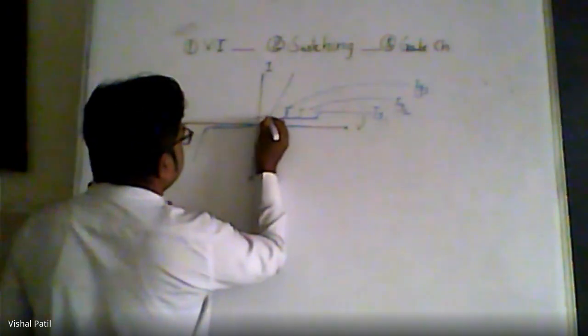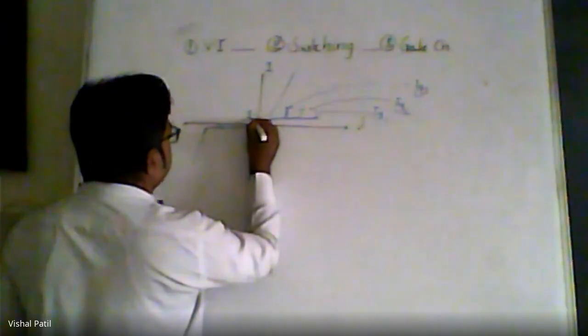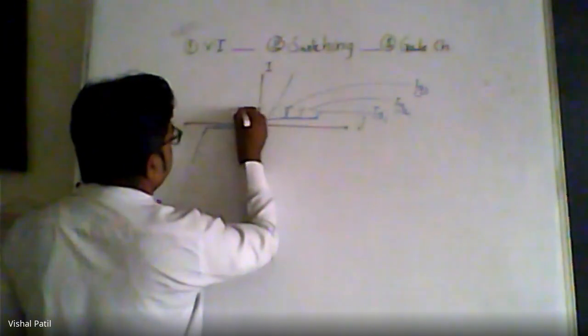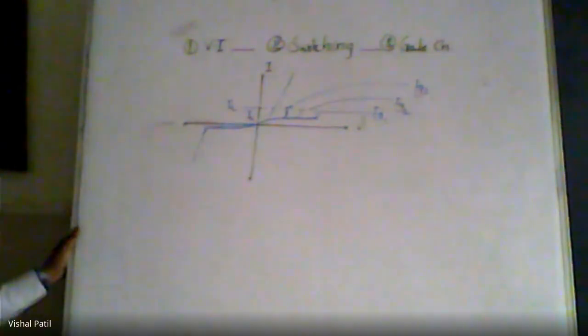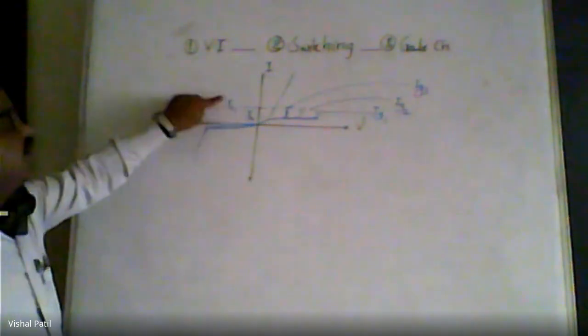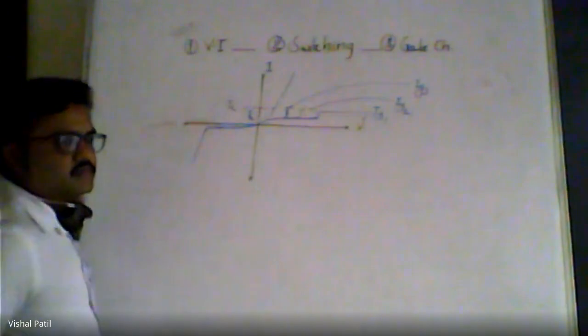So mark this here as IH, which is holding current, and this point as IL, which is latching current. I will explain to you what is holding current and what is latching current. These two terms are very important.